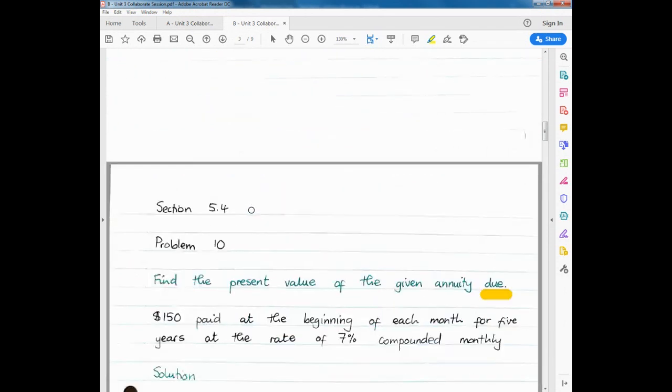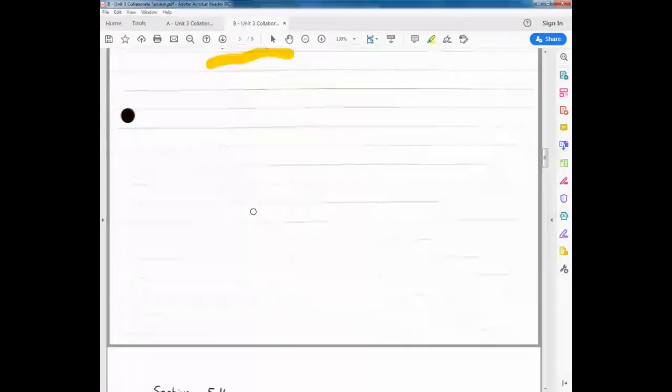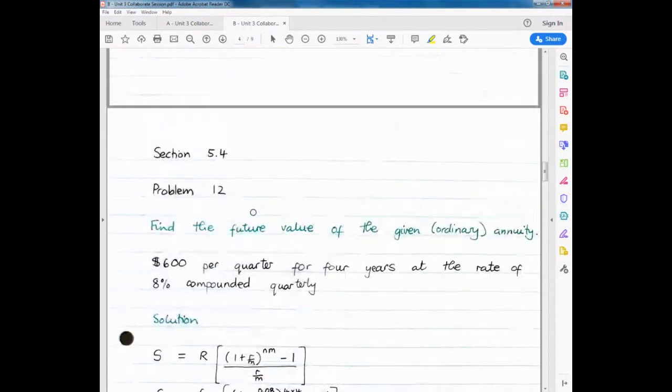Okay, so we were looking at problem number 12. Problem number 12 is saying find the future value of the given ordinary annuity. So now instead of present value, we're looking to the future. We are told that the payments are $600, and these are done every quarter for 4 years at the rate of 8% compounded quarterly.